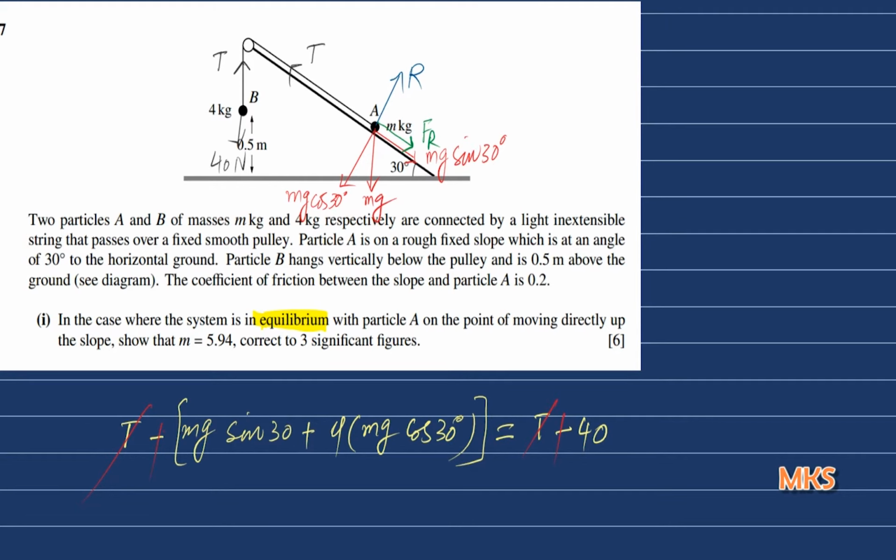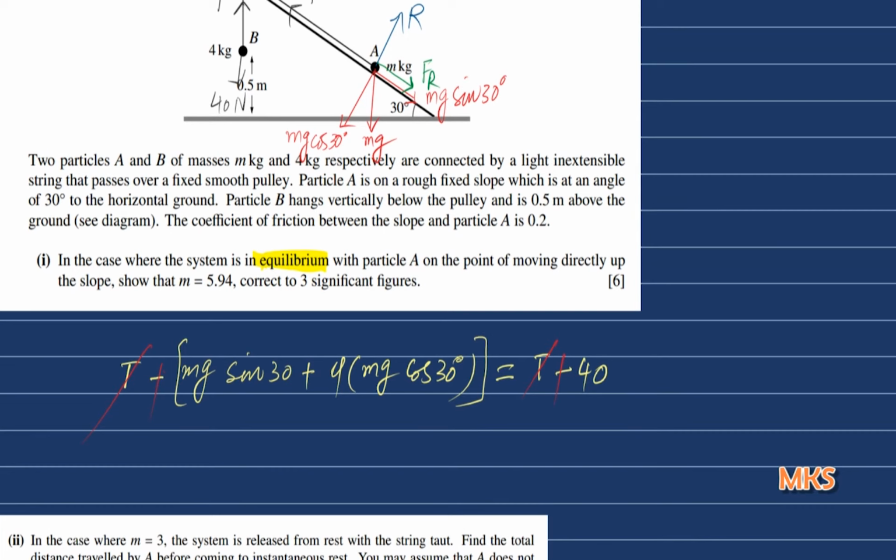In other words, mg sin 30 will be 5m, because sin 30 is 1 over 2 and g is 10, so 10 over 2 is 5m, plus now mu is 0.2 multiplied by m, g is 10 multiplied by cos 30, that is 1.732.